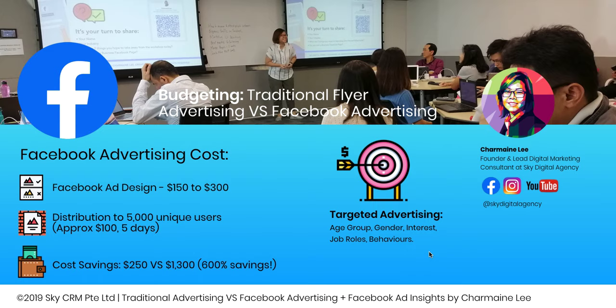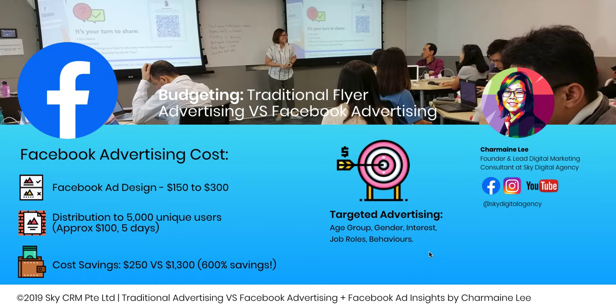So with almost 600% savings, this is targeted advertising, meaning that if you are a tuition center and you want to advertise to parents, right, young parents from maybe 35 years old, their kids should be about primary 1 by the age of, if they're about 35, maybe even 33, up to maybe 40 years old.